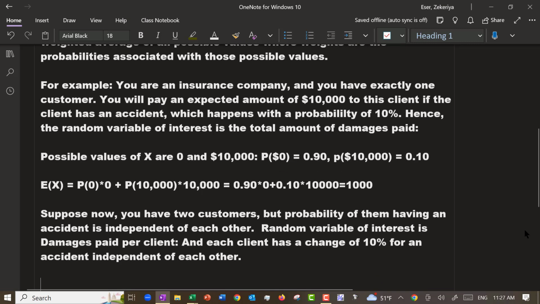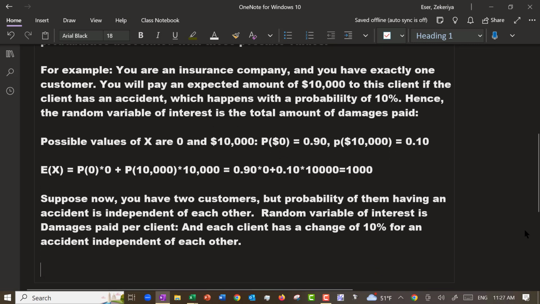I'm going to actually use these arguments to show you guys that insurance companies are actually in the business of pooling risk instead of taking risk.